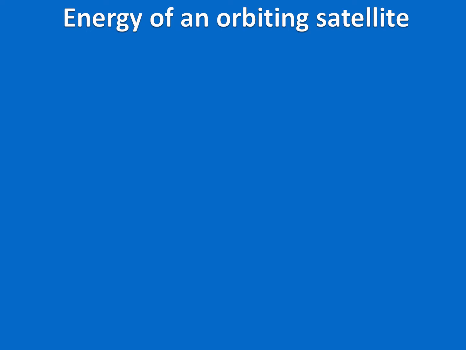We can find the kinetic energy of an orbiting satellite, and we can also find the potential energy as well. The total energy in the system will be equal to the kinetic energy plus the potential energy. First of all, the kinetic energy. Assuming the satellite moves in a circular orbit, we know that we can find kinetic energy as half mv squared.